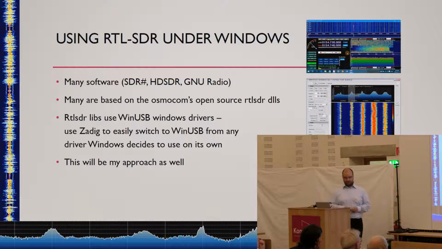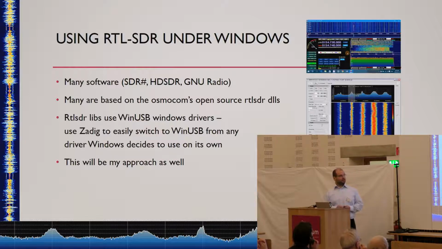Under Windows, there are a lot of software solutions available. Many of those are based on the RTL-SDR DLLs. It's an open source library by Osmocom. And I'm telling you that because that will be also my approach.